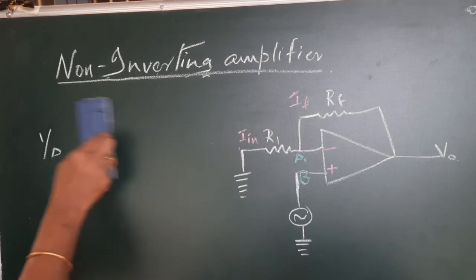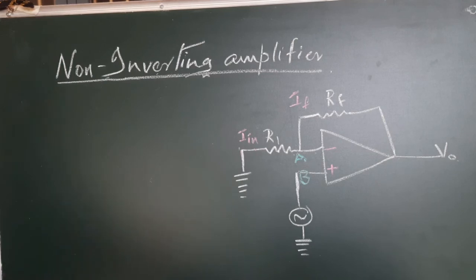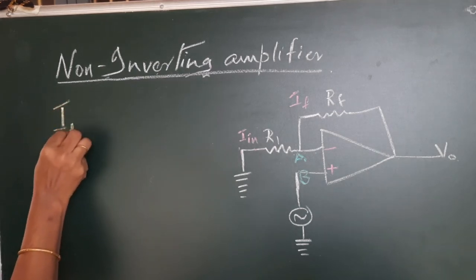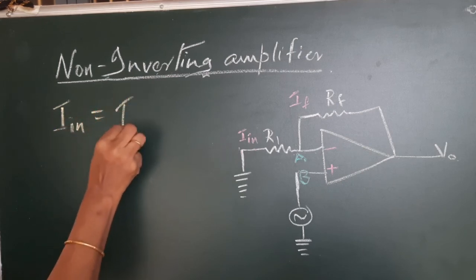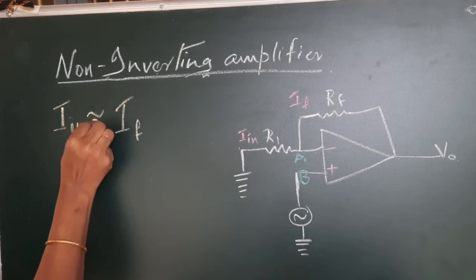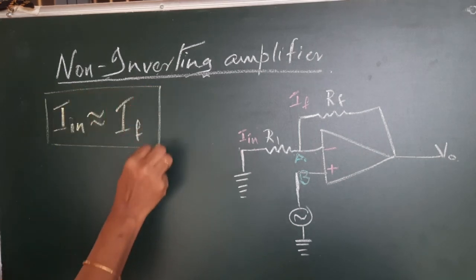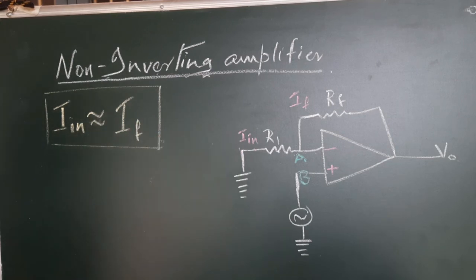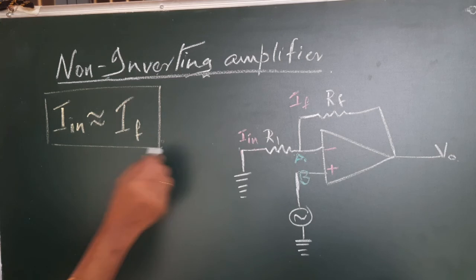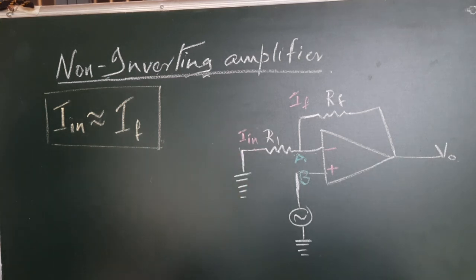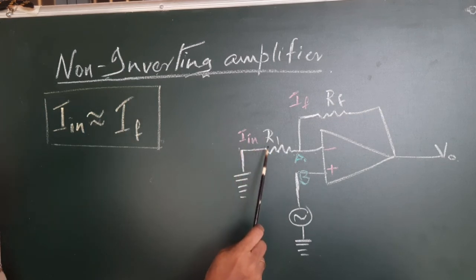Now let us try to explain the gain of this configuration. For that we will use the thumb rule, that is I input is equal to IF, or more correctly approximately equal to IF. So this is our thumb rule for all the derivations. Before writing I in, let us see, this point is grounded, so the potential of this end we can put as 0.